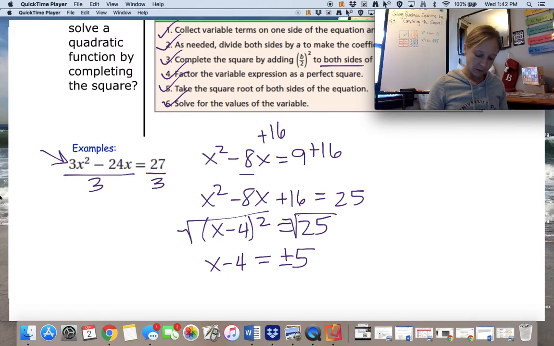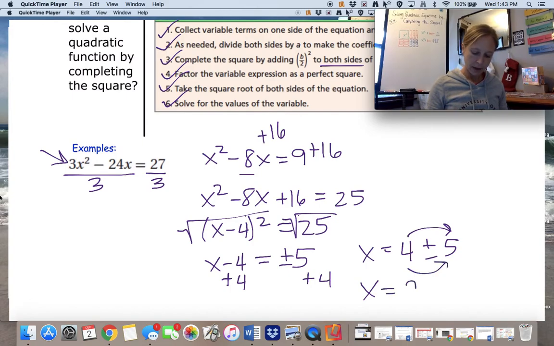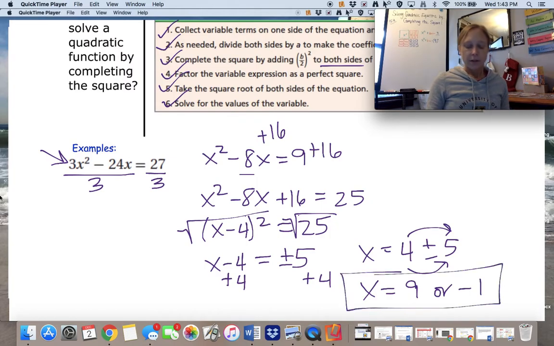Solve for the values. So I'm going to now solve for x by adding 4 to each side. X is equal to positive 4 plus or minus 5. And remember, I now need to add them and subtract them. 4 plus 5 is 9. 4 minus 5 is -1. So there we are. We went through all 6 of these steps. It's a lot of steps, but none of them were particularly taxing and difficult.